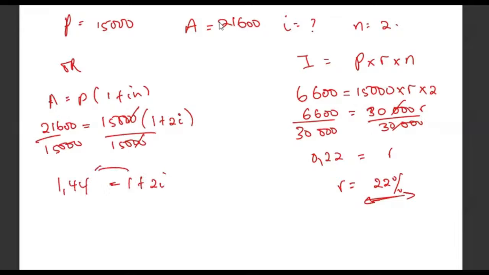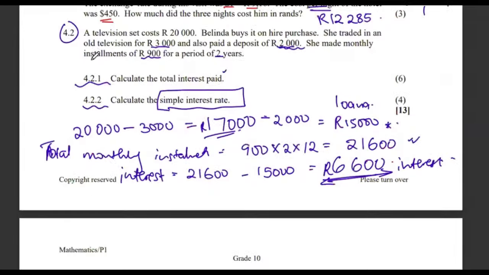Let's move the one that side. It's a subtraction, so 0.44 is equal to twice I, then divide both sides by 2. I becomes 0.22 multiplied by 100, which is 22%. Okay, so that is how the interest would be calculated also.